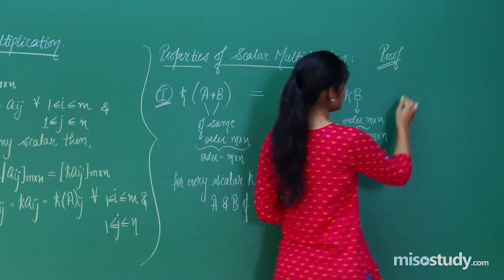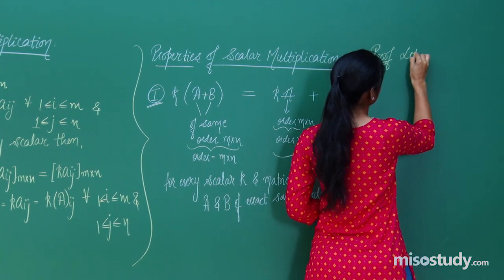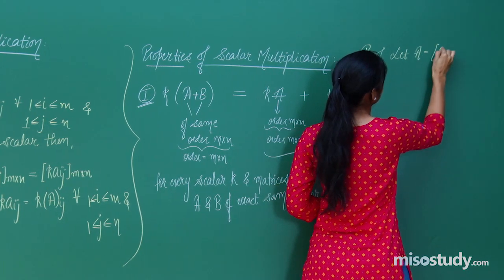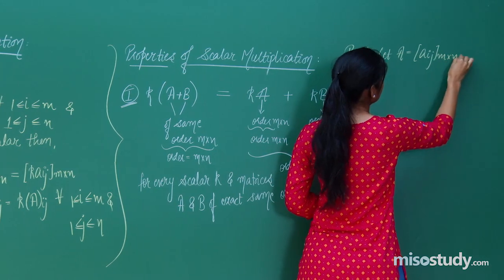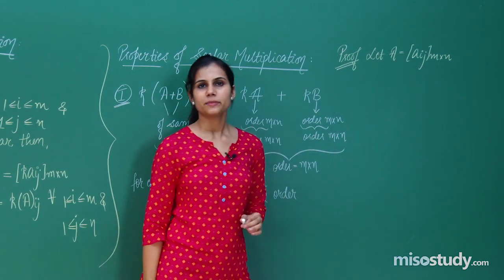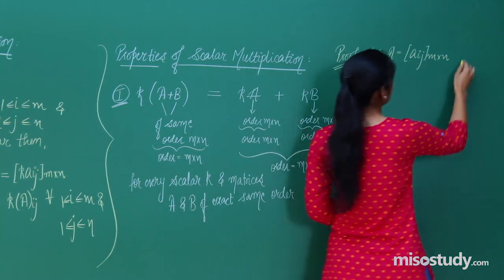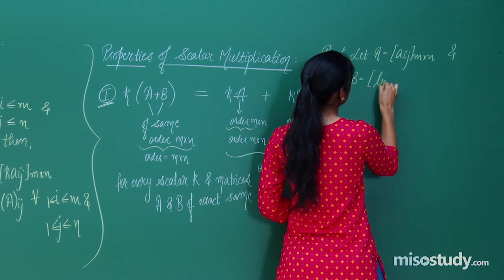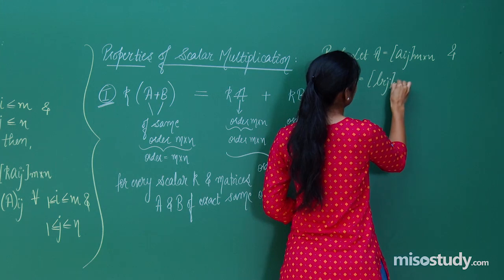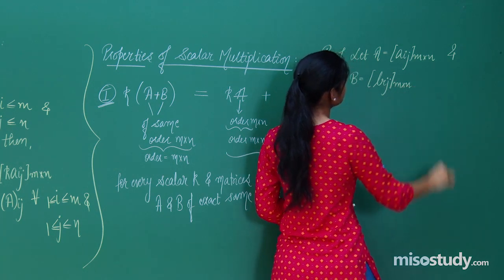So I am taking let A be represented by Aij m cross n. Basically I am taking matrix A to be a matrix of order m cross n, and I am taking matrix B as Bij again of order m cross n.